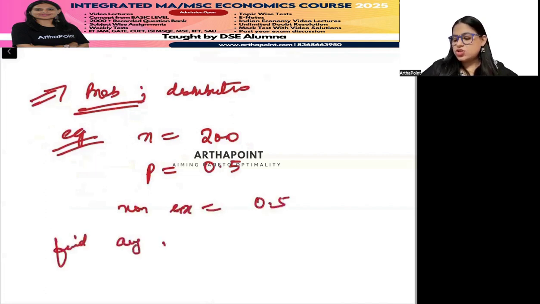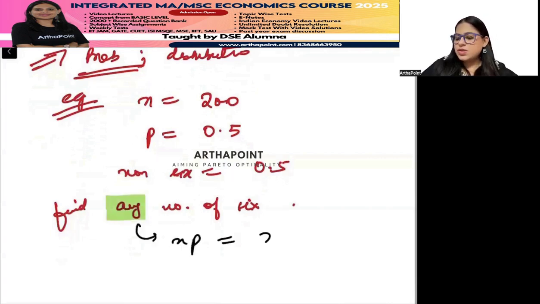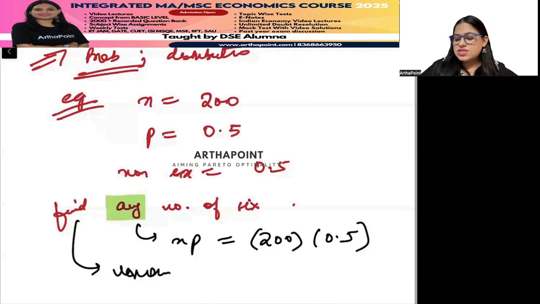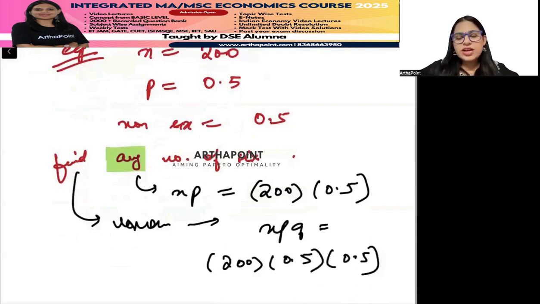Find the average number of 6s that I will hit. तो simple, we know कि binomial distribution में जो average होता है, that is n into p. So you will do 200 into 0.5. If I ask you to find the variance of the 6s I hit, so npq, so 200 into 0.5 into 0.5. So these kinds of questions are important and you need to revise them also.